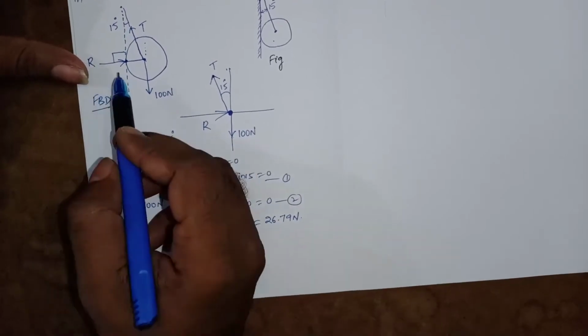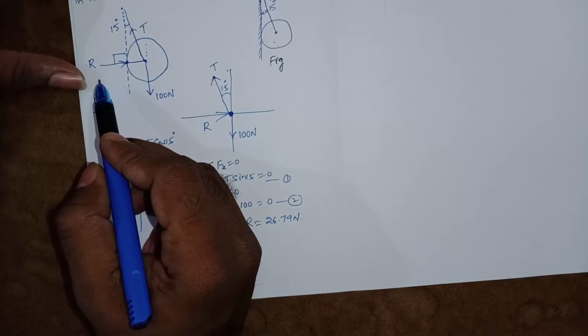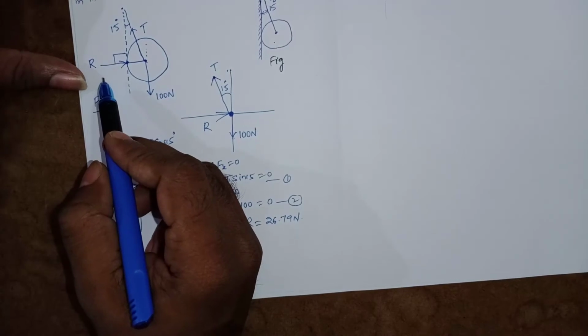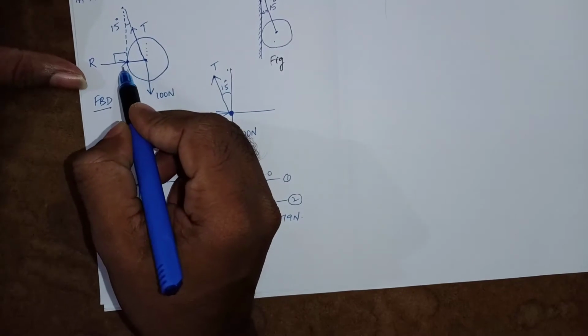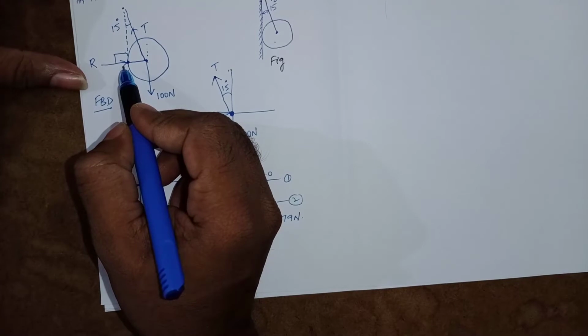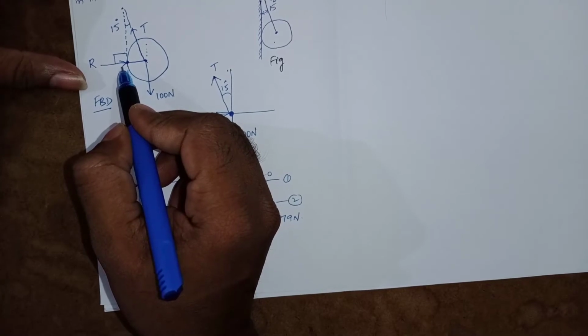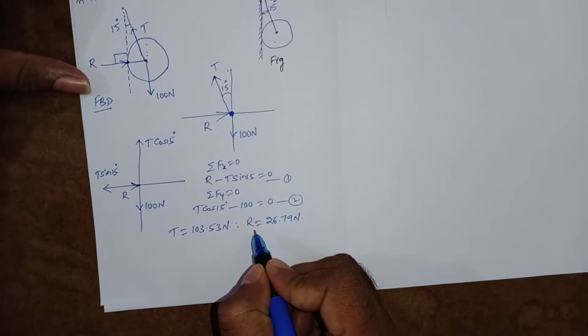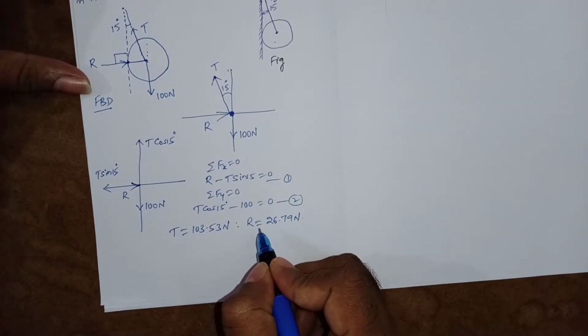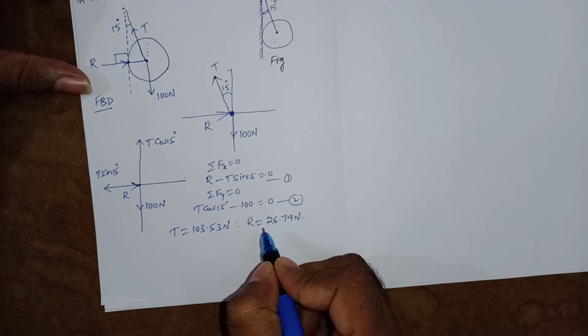Here we have assumed the direction of the reaction exerted by the wall on the sphere as along positive x-axis. One may also assume the direction of R along negative x-axis. Then in that case, we get R equal to minus 26.79 Newton.